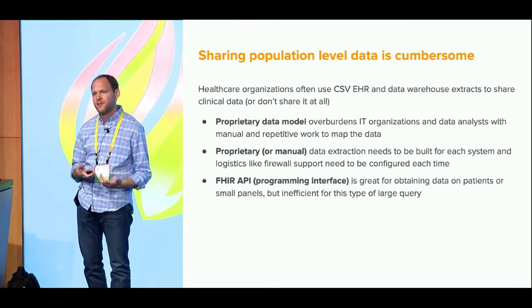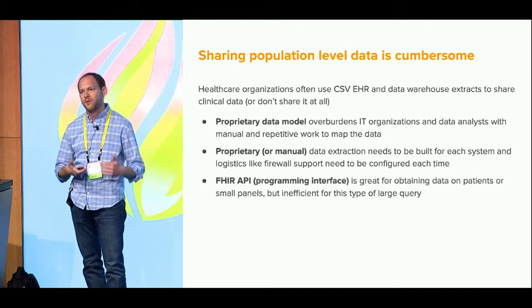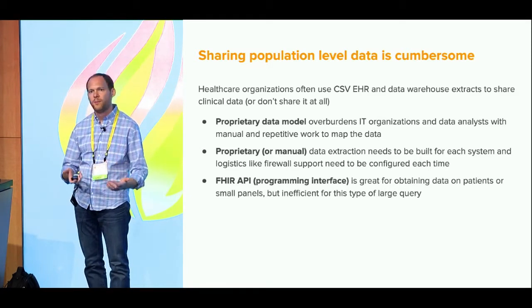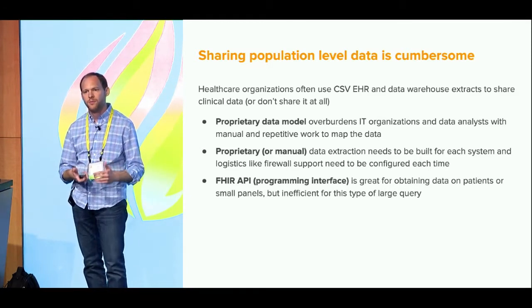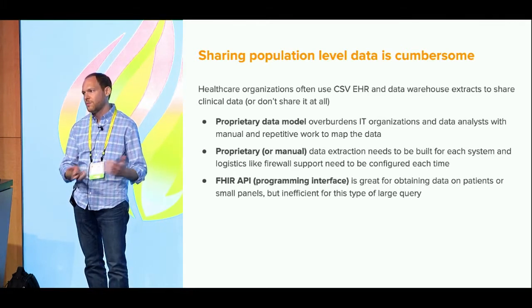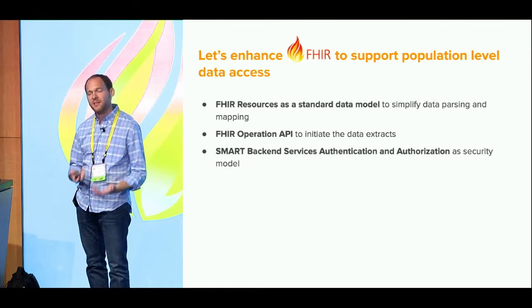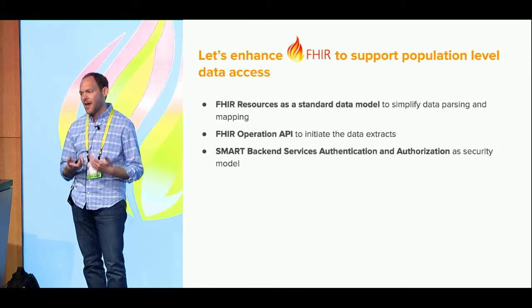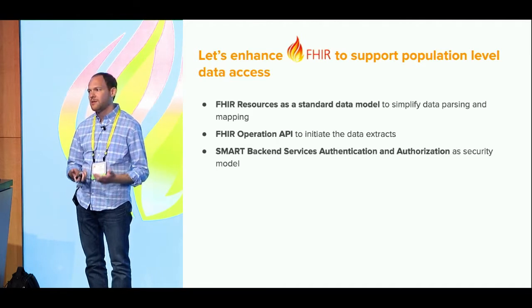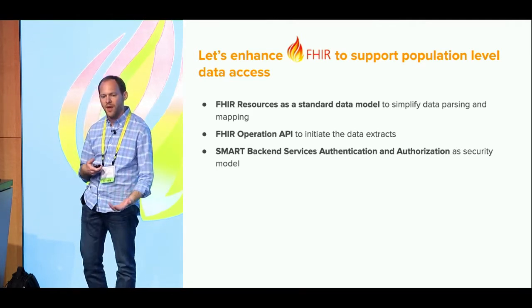And then the last point is that the FHIR API is incredible and really powerful and great for these single patient or small panel use cases, but it's not really designed to support getting hundreds of thousands or millions of FHIR resources in and out of systems. But at the same time, we've spent the last few years having the top informaticians in the world work on these FHIR data models and on these FHIR APIs.